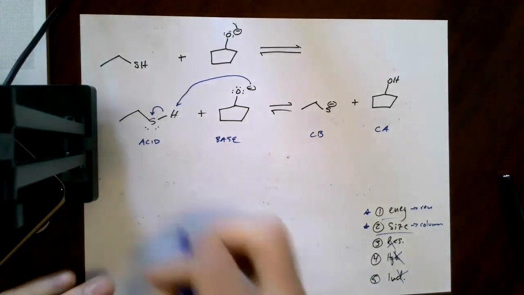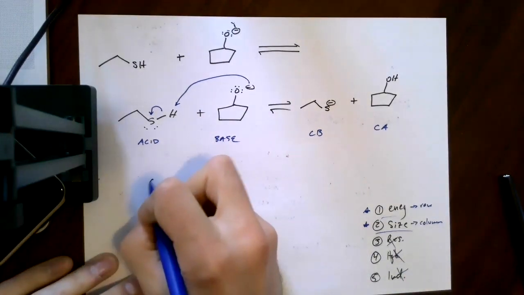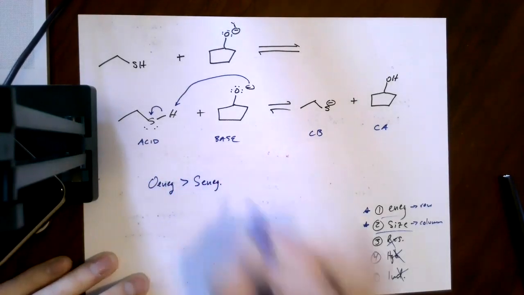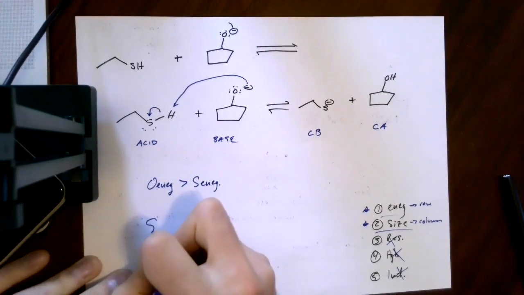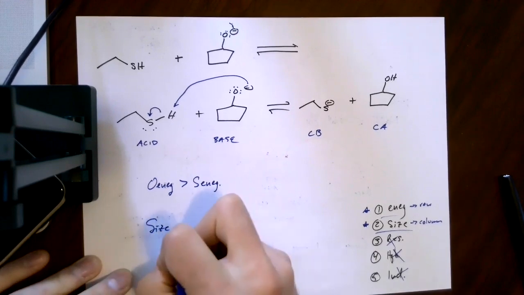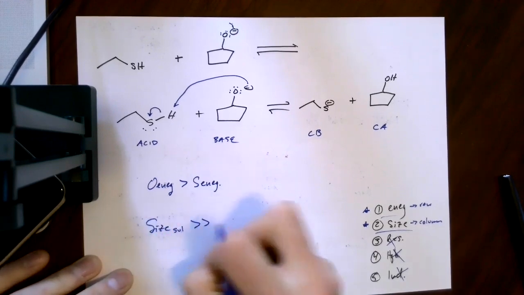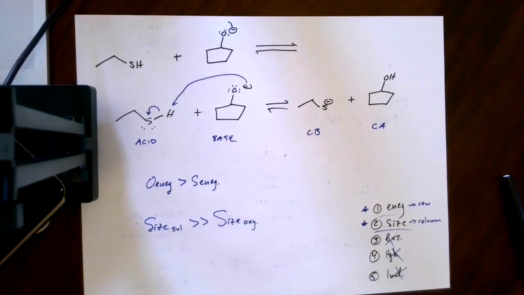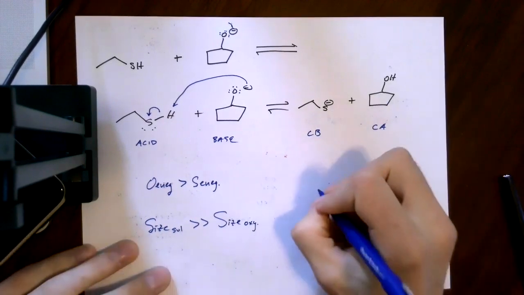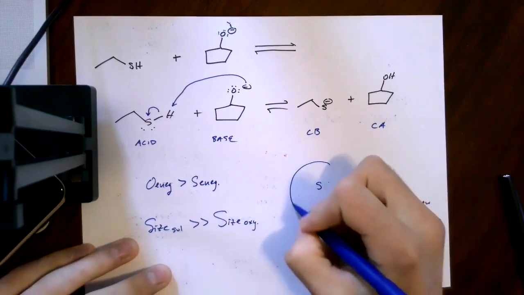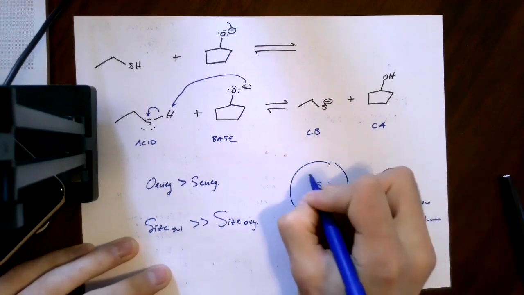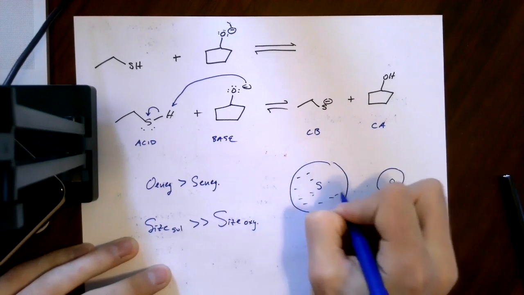So what we do know is that the electronegativity of O is greater than the electronegativity of sulfur, but the size of sulfur is way bigger than the size of oxygen. And because the size of sulfur is way larger, if we think about it, it's sulfur as an atom, here's oxygen as an atom, that negative charge can get dispersed.